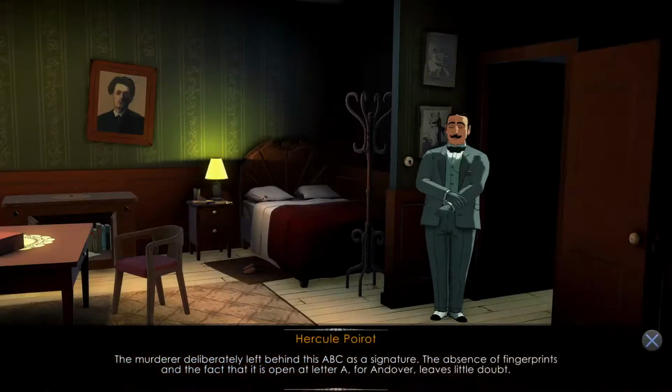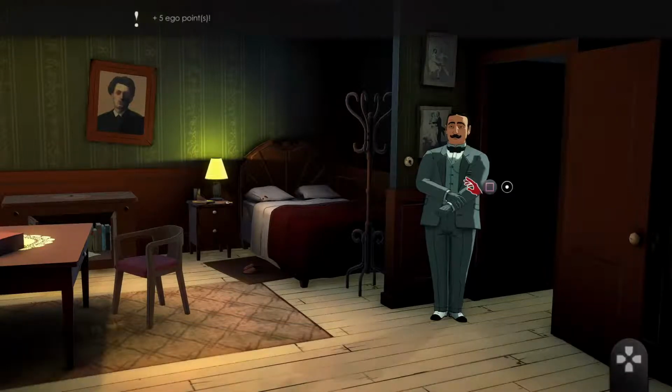The murderer deliberately left behind this ABC as a signature. The absence of fingerprints and the fact that it is open at letter A for Andover leaves little doubt. I see.